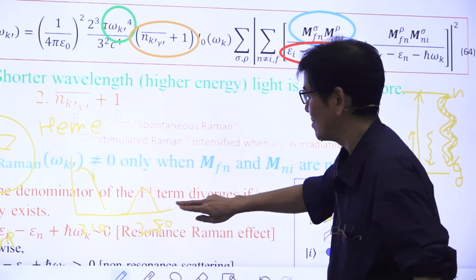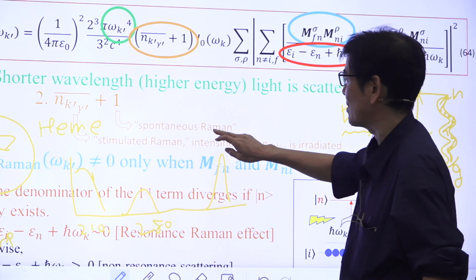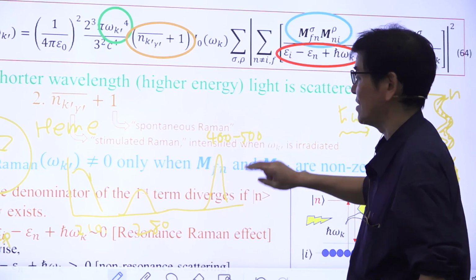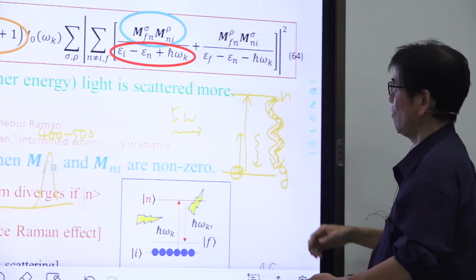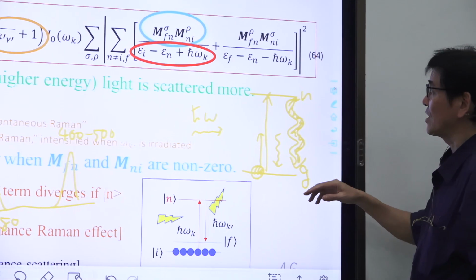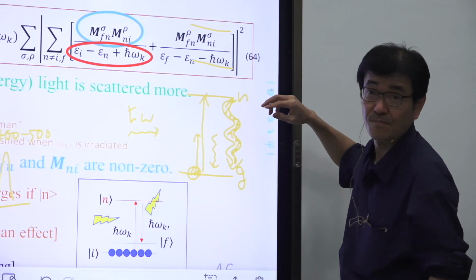And heme gives absorption at 400 or 500, around this visible region. These absorptions indicate their real energy states.